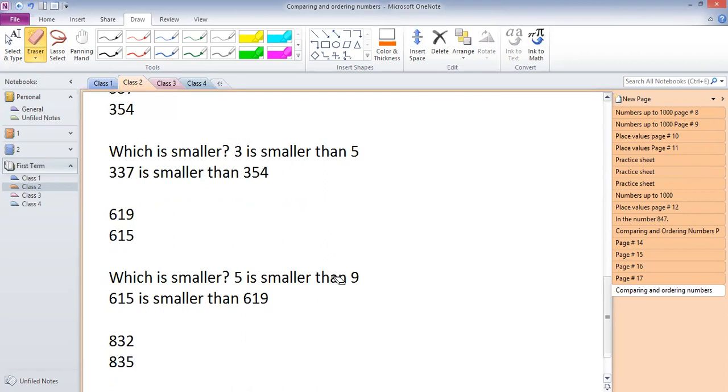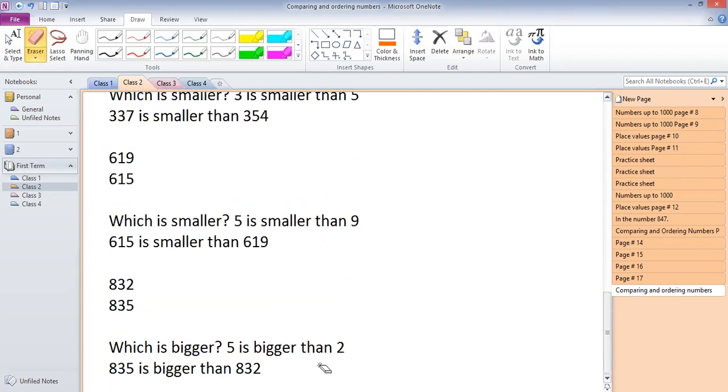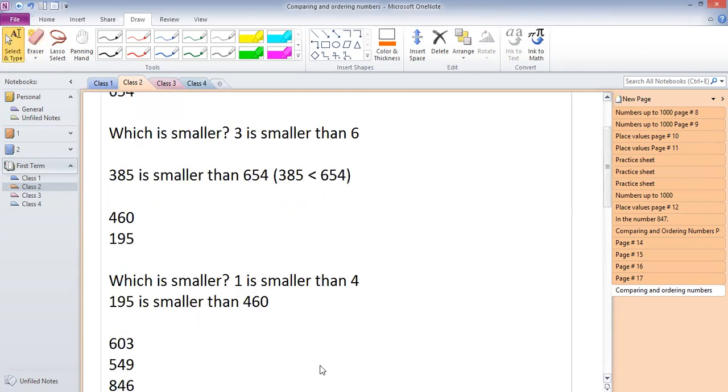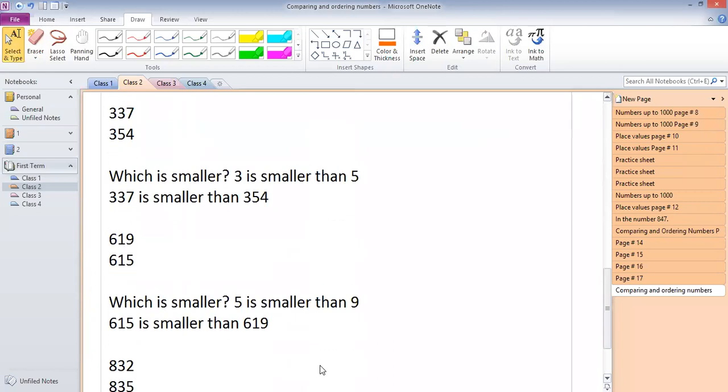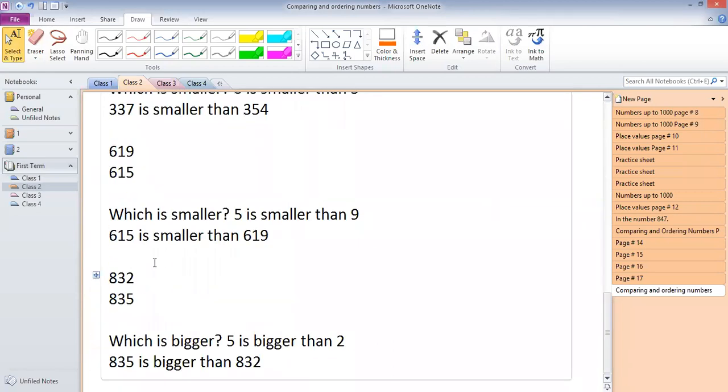And here, 835 is bigger than 832, right? So you can write like this, that 835 is bigger than 832.